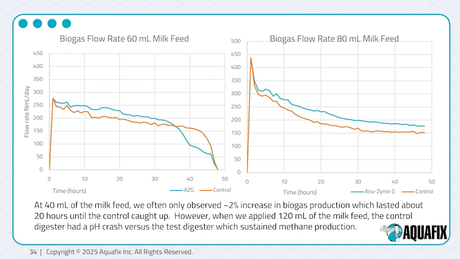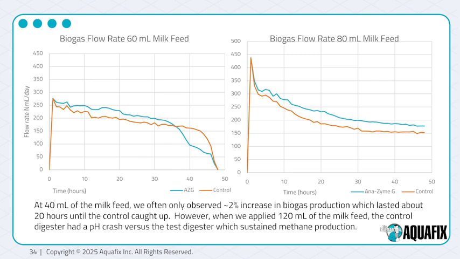When we went up to 80 milliliters of milk fat, the control stayed behind Enzyme G for the entire duration of the test, which would be more like a heavily loaded system. You still have some substrate left over between feeds. And that's where you seem to get a prime case where it is beneficial to add enzyme, as opposed to the previous case where, if you had 40 hours, it wouldn't really matter very much what happens. You'd still be getting the same degradation rate.